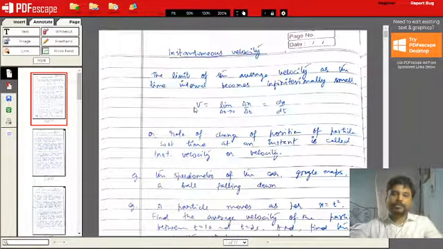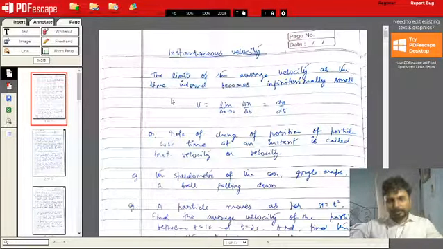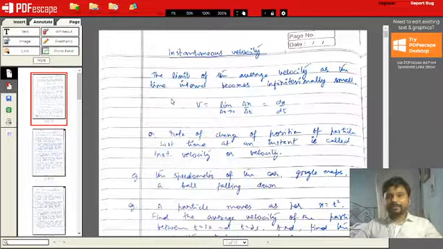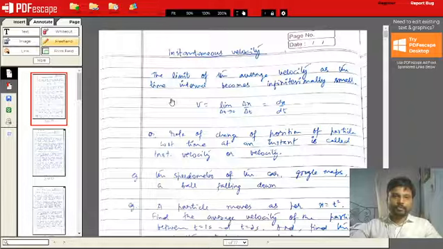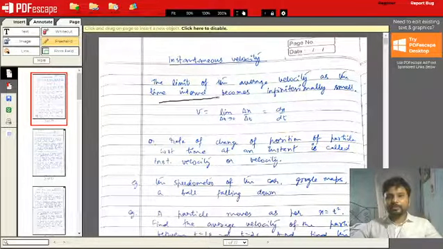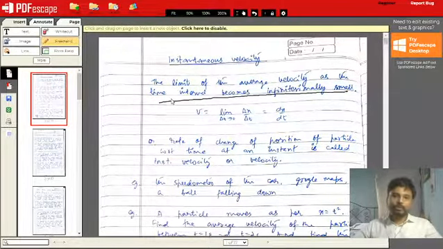So now the velocity of the particle: what we are trying to do is decrease the time interval. That is what is written in the definition: the limit of the average velocity as the time interval becomes infinitesimally small.